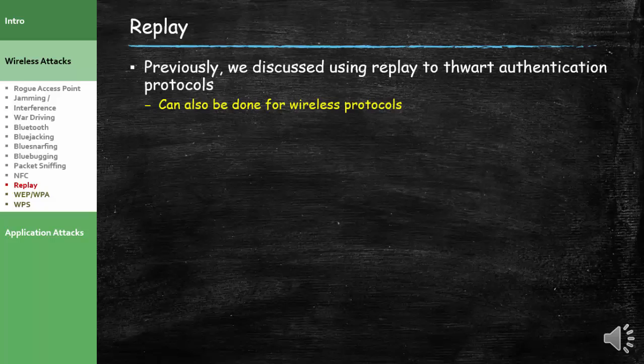So it can be done on wireless networks with wireless protocols just as easily as it could be done on our wired networking protocols. Most modern wireless networks would prevent this type of attack. But again, it's something that we want to be aware of, and we study these types of attacks to understand how people have attacked in the past, so that it helps us to understand the mindset and understand how people attack networks.